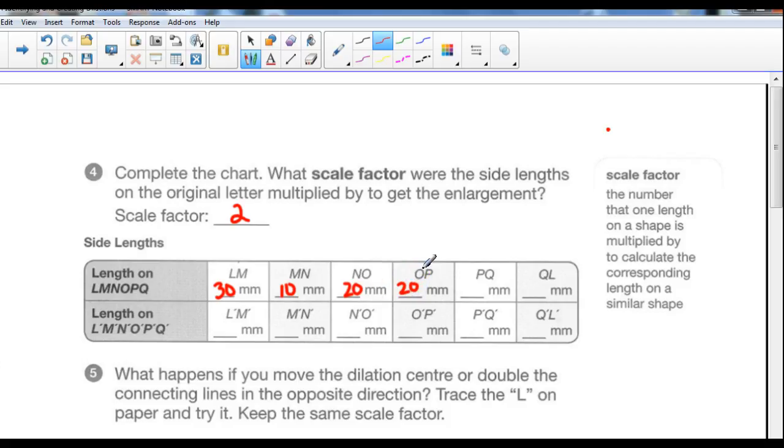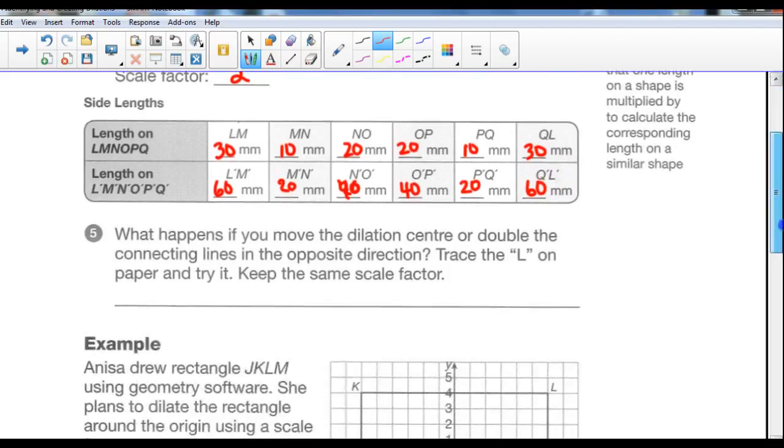The length of PQ was 10 millimeters, and the length of QL was 30. So we increased everything by a scale factor of 2. We doubled it, so this went up to 60. This increased to 20. This one increased to 40. Sorry, this one increased to 20, and this one increased to 60.